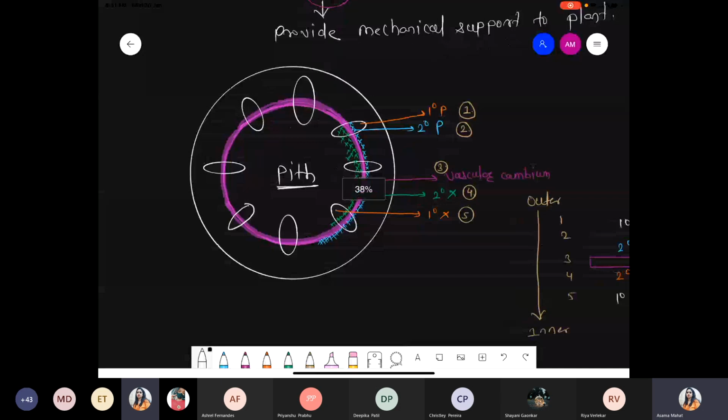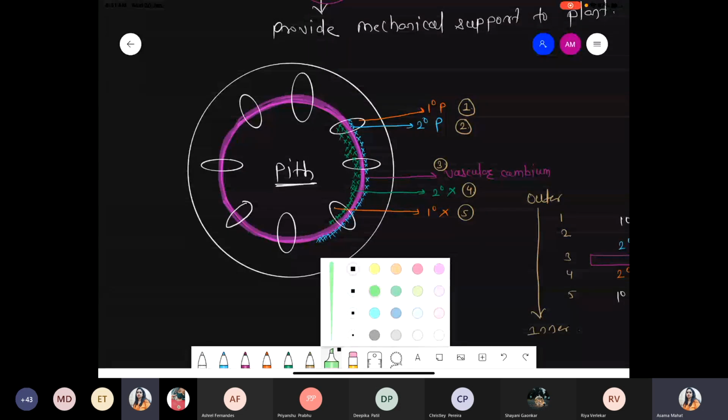Just try to understand. We are taking one color, suppose a yellow color layer, and we are talking about a band like this.